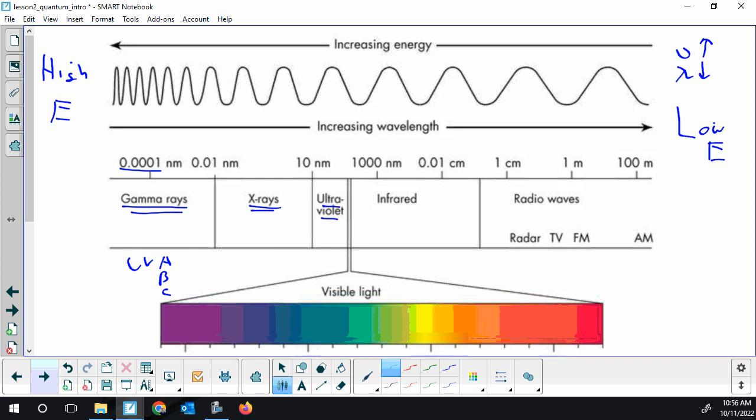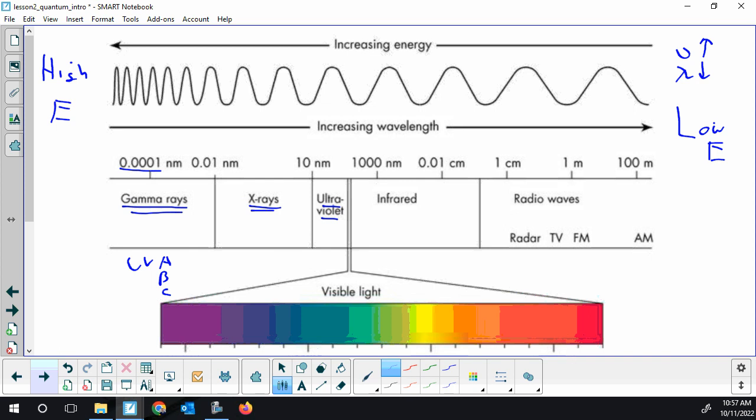Sunscreen blocks against UVA and UVB. UVA comes closest to visible. UVB is higher energy, then UVC is even higher than that. Sunscreen does not prevent UVC from affecting us. We need an ozone layer to block out the UVC. Sunscreen can help UVA and B from getting through to our cells.